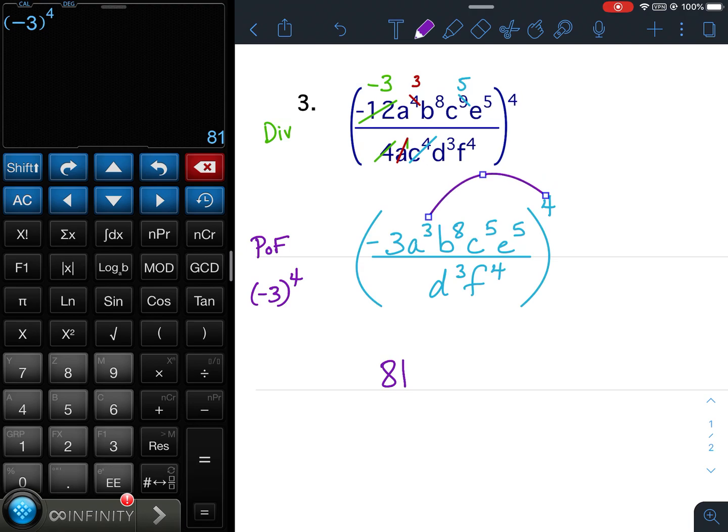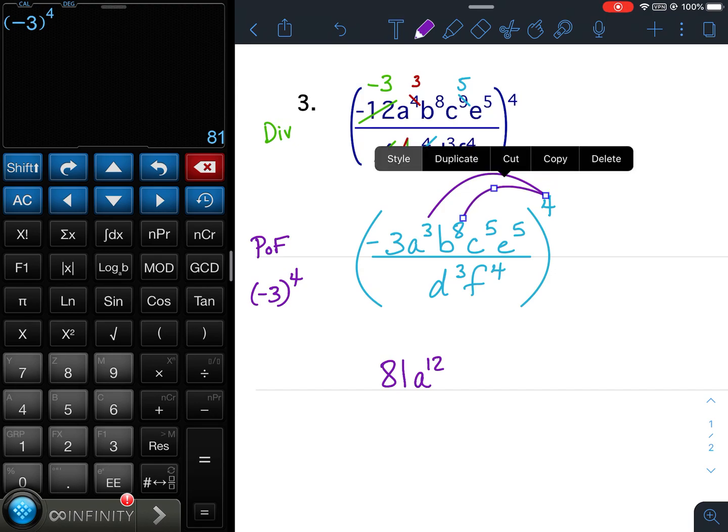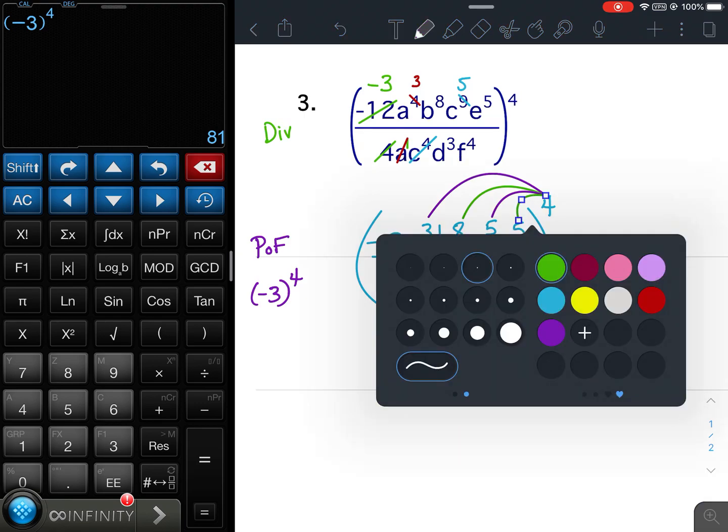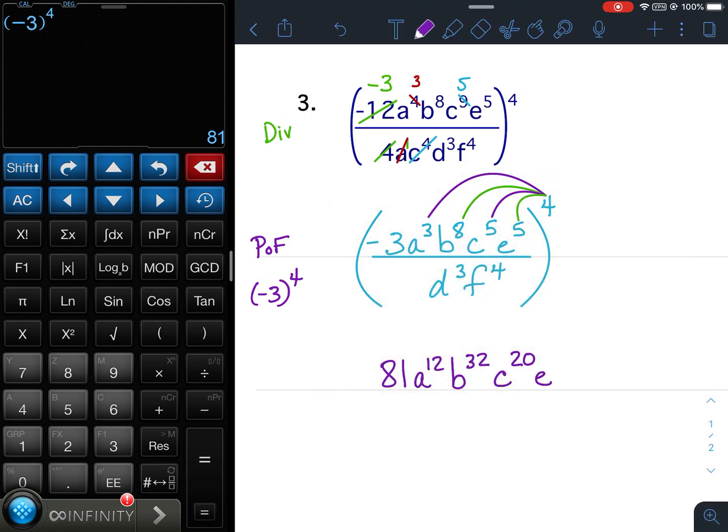So 4 times 3 would give me a to the 12th. 4 times 8 would give me b to the 32nd. 4 times 5 would be c to the 20th. And again, 4 times 5 would give me e to the 20th.